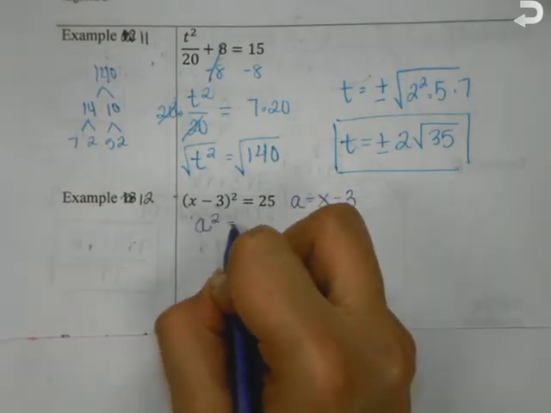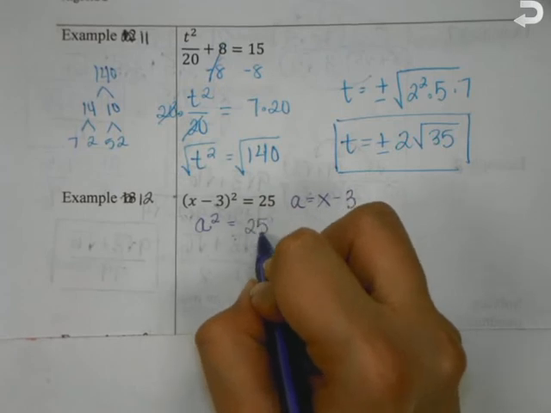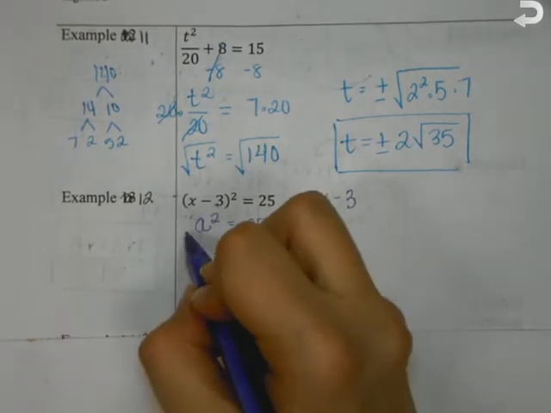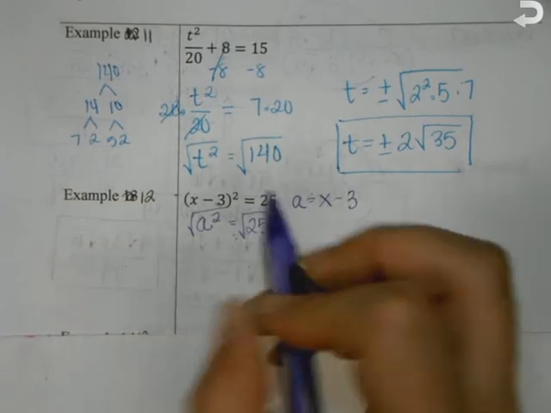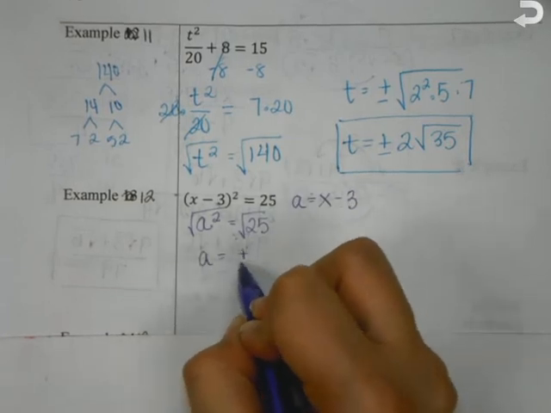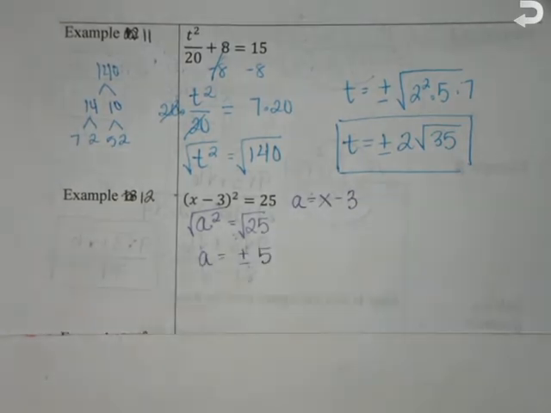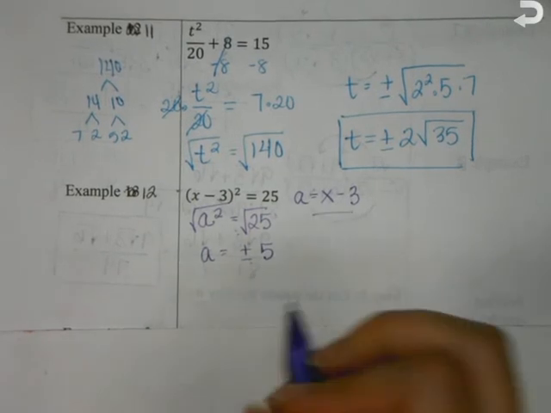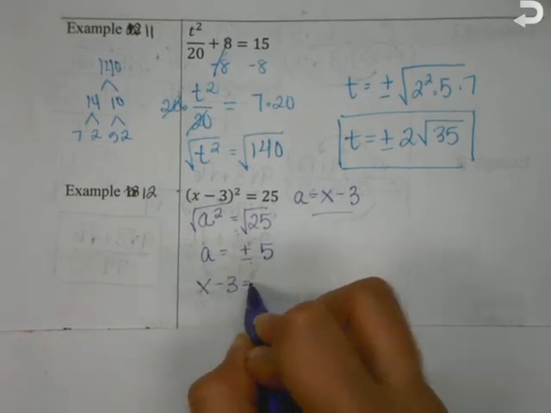Take the square root. So a equals plus or minus 5. But that's not my answer because I need to plug this back in. So that's x minus 3 equals plus or minus 5. Add 3 to both sides. So I get x equals 3 plus or minus 5.